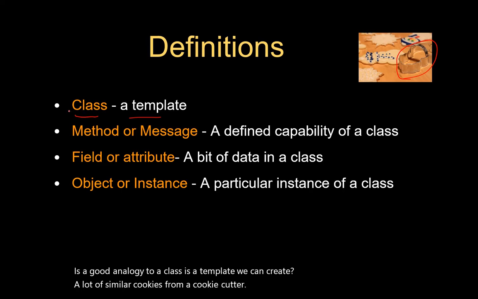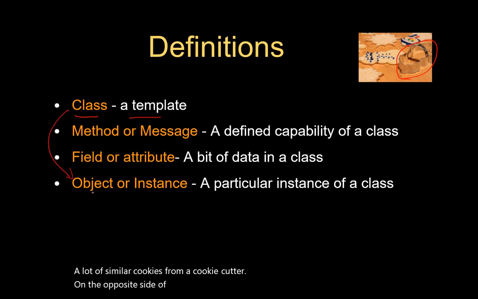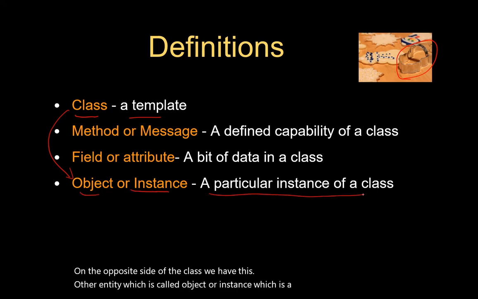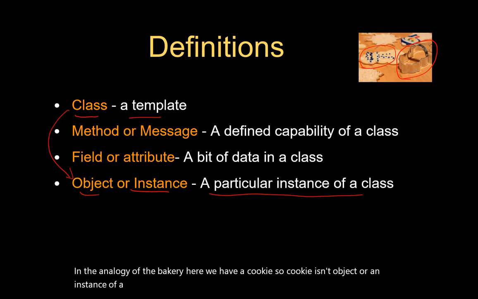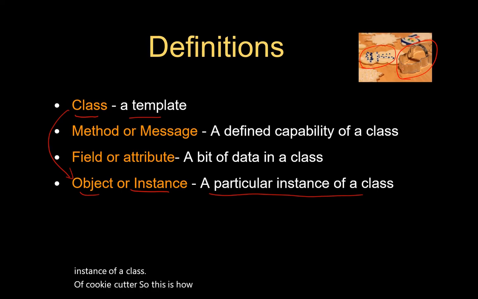On the opposite side of the class, we have this other entity which is called an object or instance, which is a particular instance of a class. In the analogy of the bakery, here we have a cookie. So a cookie is an object or an instance of a class, the cookie cutter. So this is how we can relate to it in terms of real life.